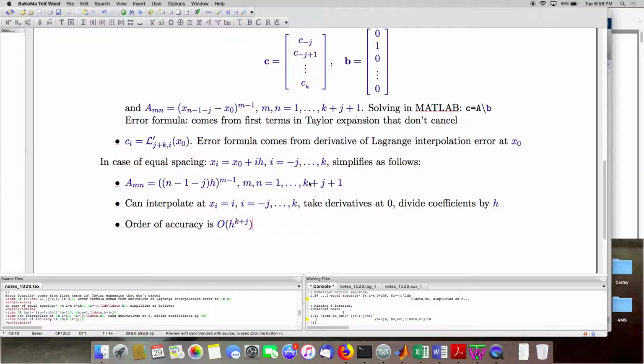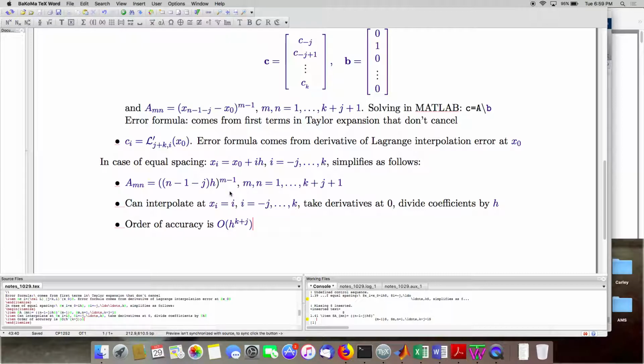You would have a 3 by 3 matrix. And your rows would be populated with, so if j is equal to 1, I'd have minus h, and then 0, and then h, raised to a different power in each row, to the 0th power in the first row, and then the first power in the second row.